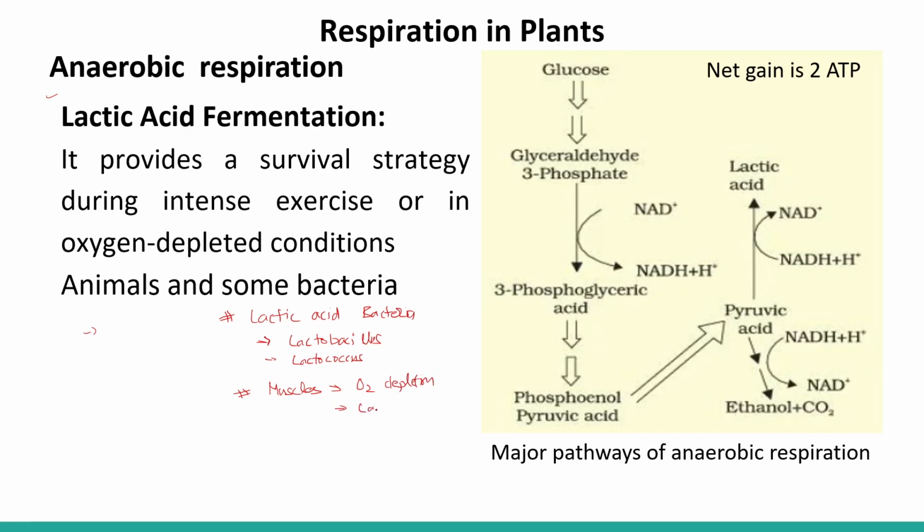So lactic acid is produced from pyruvic acid. And later on what happens? When there is an oxygen rich condition, then lactic acid is again converted back to pyruvic acid. Lactic acid goes to the liver and is again converted back to pyruvic acid.